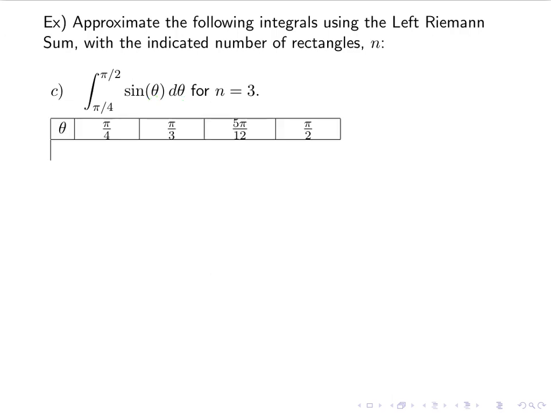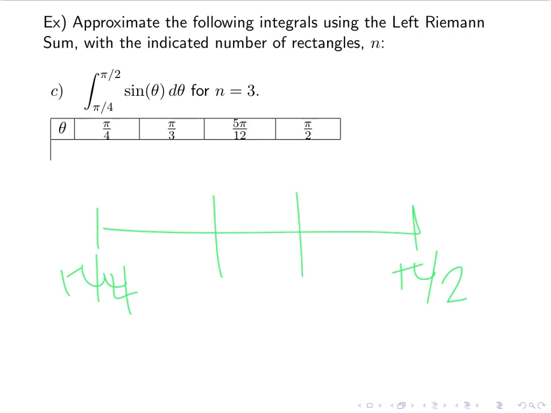Okay. So we're going to cut up our interval from pi over 4 to pi over 2, and we want 3 of them. So we're going to cut it into these pieces. And again, to find that value, we're going to use that same formula, b minus a over n.